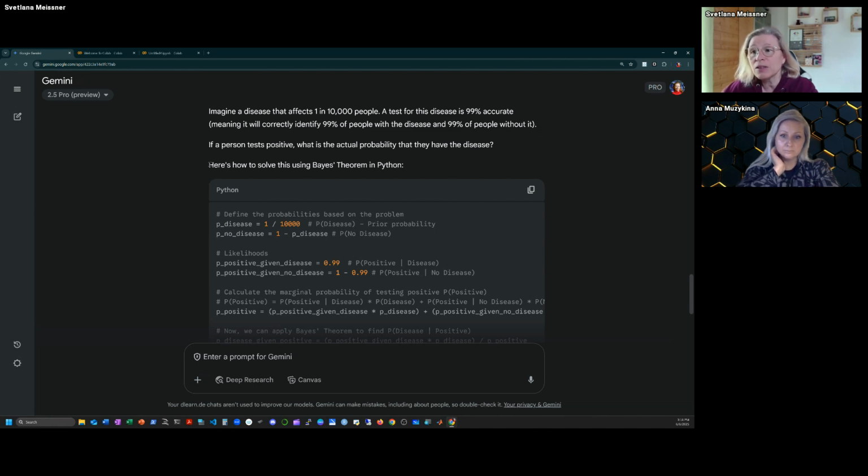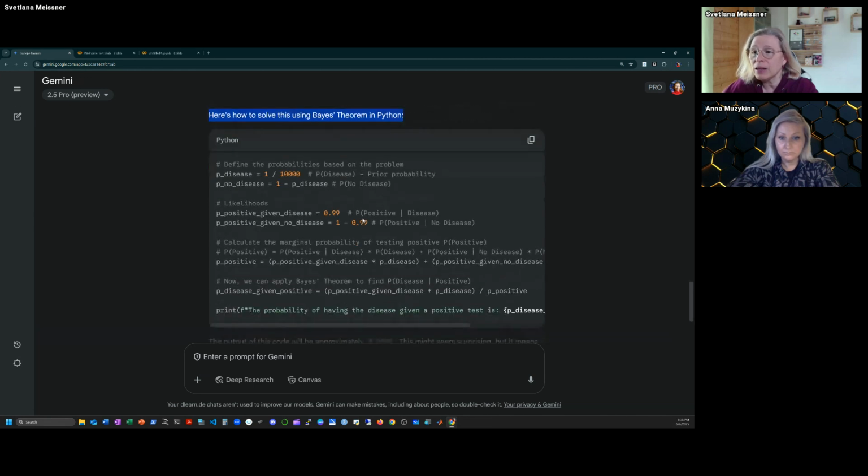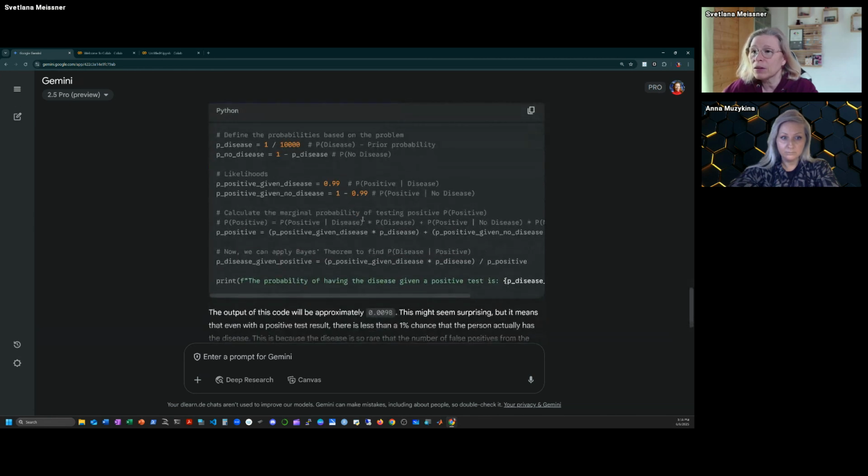And in this case, we are also just using Bayes theorem. And here, in this Python code, we define the probabilities based on the problem. The probability for the disease is 1 in 10,000, the prior probability. And the probability for no disease, for when you don't have this disease, is just 1 minus the probability of disease.